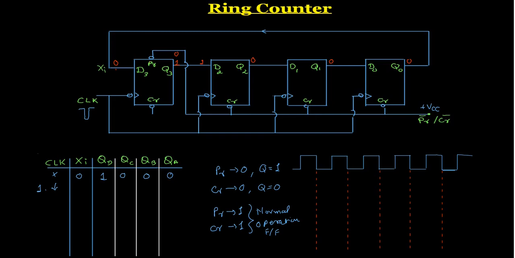Here I will write this flip-flop number 3, this is flip-flop number 2, flip-flop number 1 and flip-flop number 0, so it will be easily understood. So now the input to flip-flop 2 is 1.